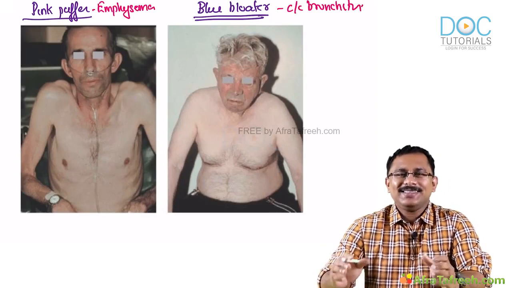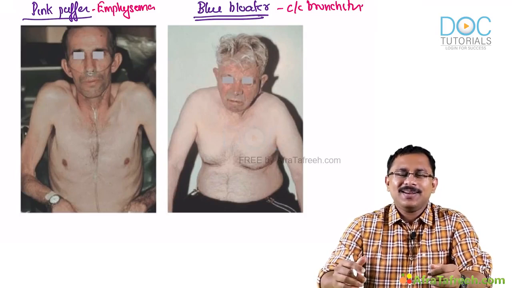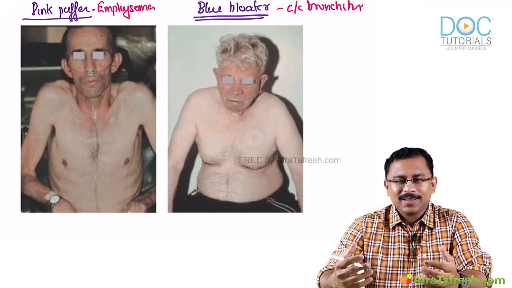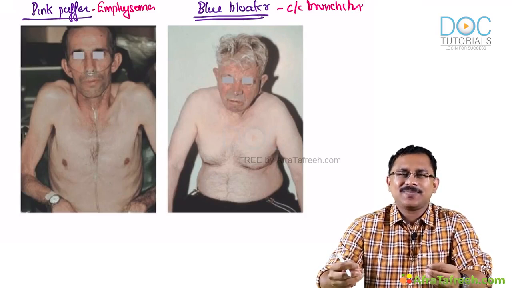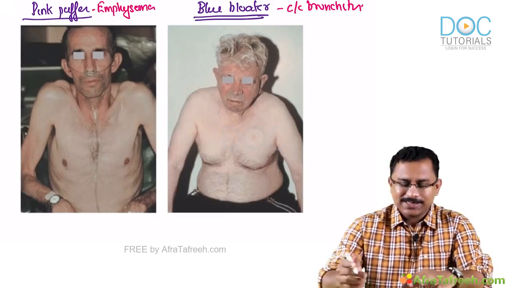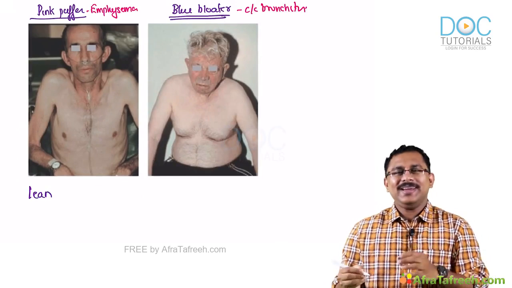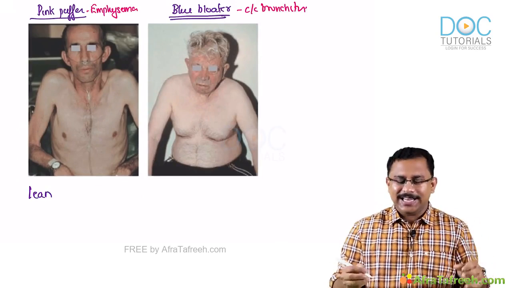Okay, that is, in case of emphysema, what happens is that this particular individual will be lean. Okay, he will be a lean individual. Yes, he'll have the barrel shaped chest.